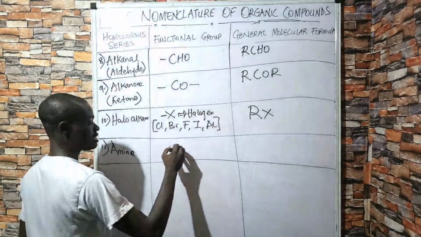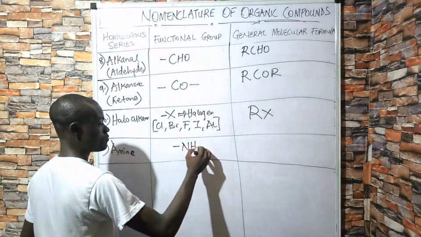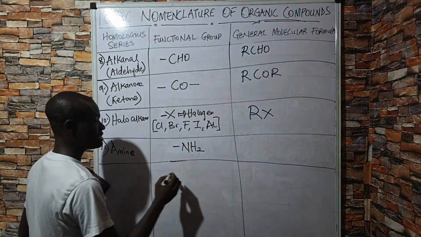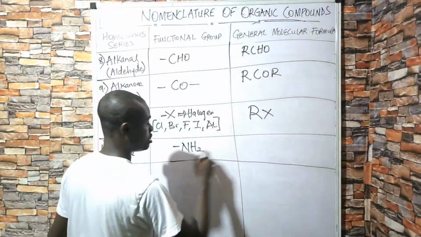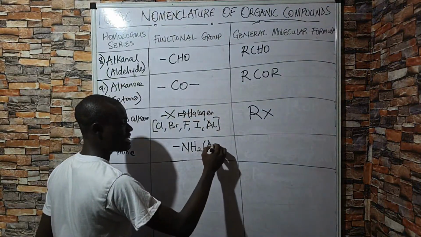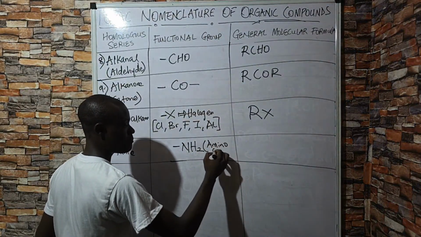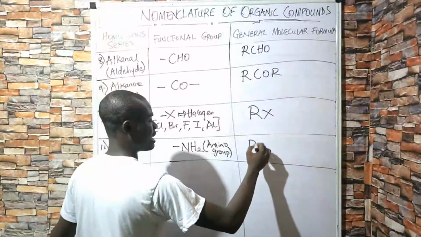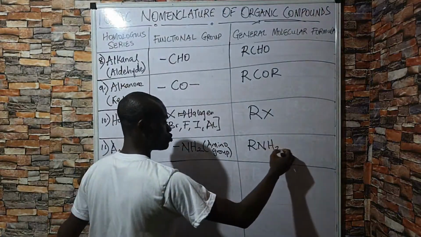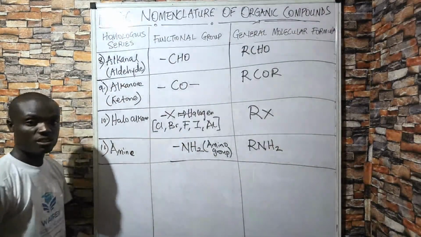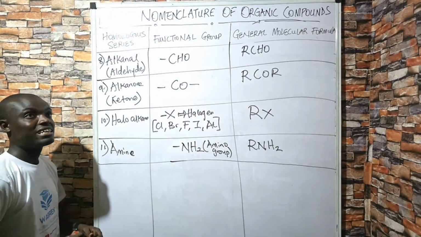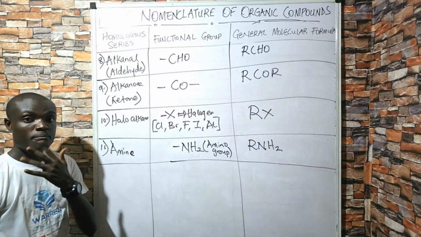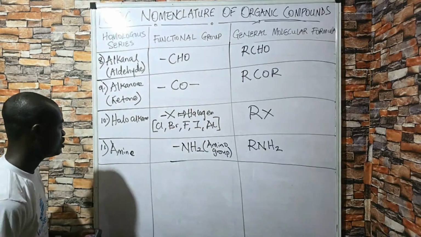So we have this as NH2. This group is called, take note, the amino group. So now we do something like R-NH2. So this is an amine. And there's something unique about the amine: the amine has what we call a fishy smell, like the smell of fish.